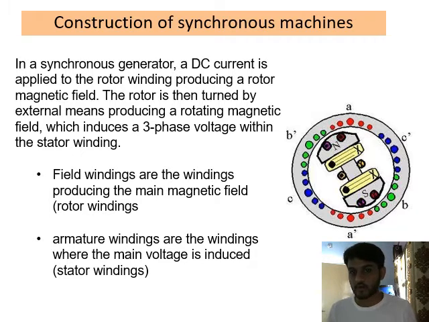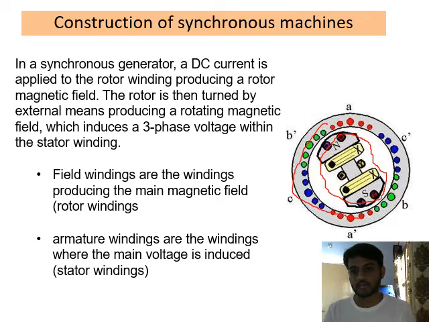So we have to turn the rotor by using some external means. Now if we turn it by any external means and then give the DC supply to the rotor, this is your rotor, and you excite this rotor by using the DC supply, and this outer periphery is our stator part.